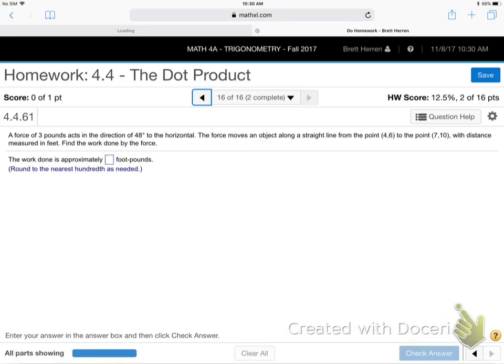So they're saying the force is 3 pounds at 48 degrees to the horizontal. So it's at an angle of 48 degrees. That's the force.